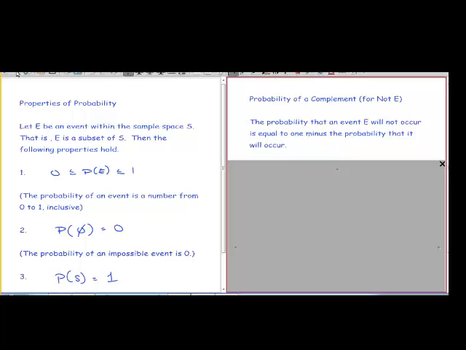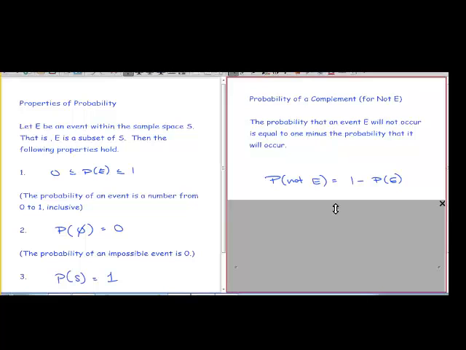So what we're talking about here when we talk about nots or ors, well, mostly not, is the probability of the complement. The probability that an event will not occur is equal to 1 minus the probability that it will occur. And you can write that in equation form as this. So that's the probability equivalent of the complements principle that we used when counting stuff.